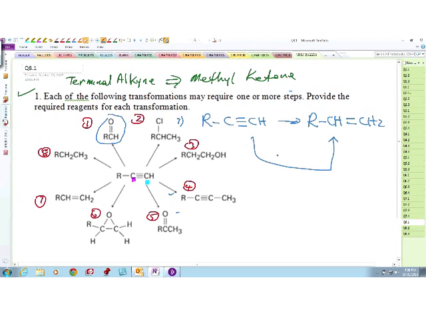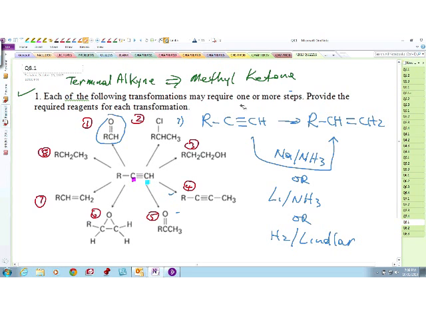We use sodium in ammonia, or lithium in ammonia, or you could use hydrogen with Lindlar catalyst. Very good. Okay, let's do the last one.